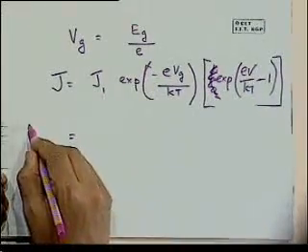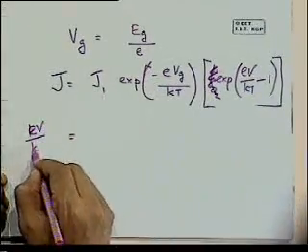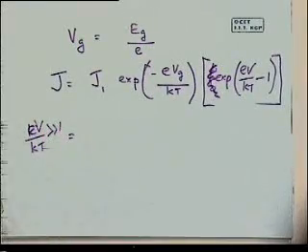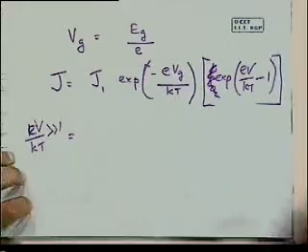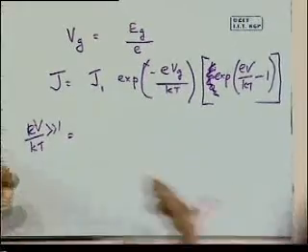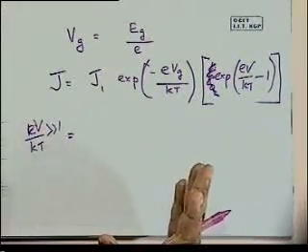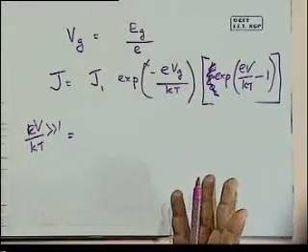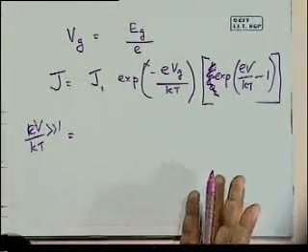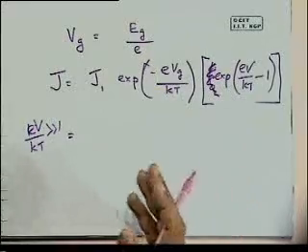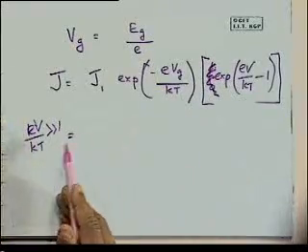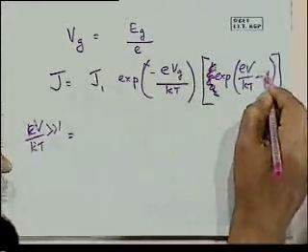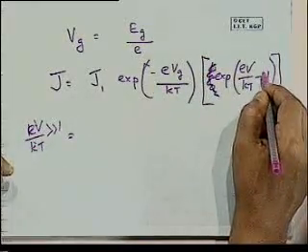Now when eV by kT is much greater than 1, that is, the applied bias is much more than the thermal energy, which is kT by e, which we saw was at room temperature 0.026 eV or so. So as long as the applied bias is larger than the thermal energy, the kT by e term, then one part of this equation will drop out as we saw earlier.